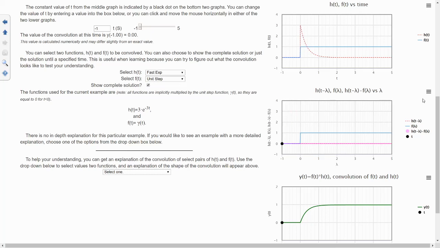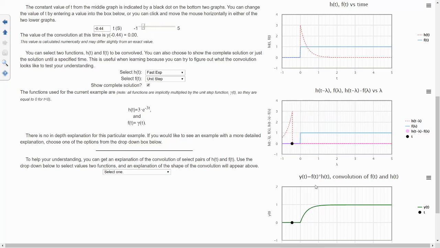In this demo, we fix this function f of t, and then we flip and translate this function h of t. You can slide and see how the function f of t and h of t, after flipping and translating, overlap with each other.